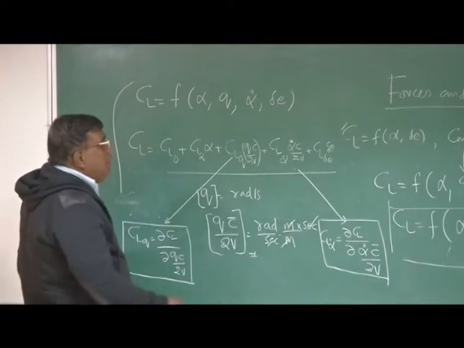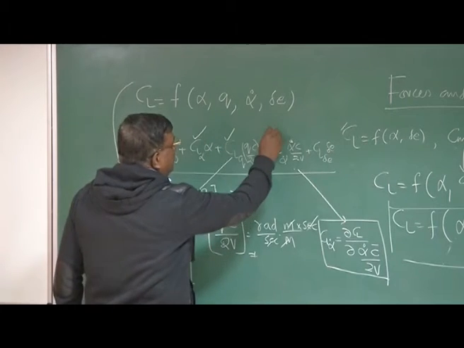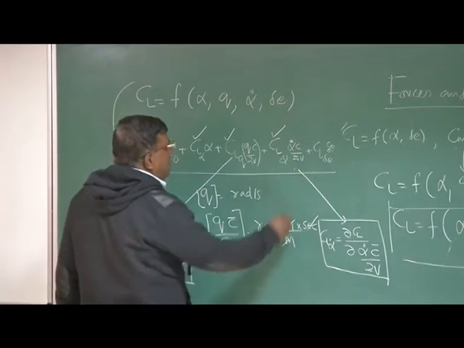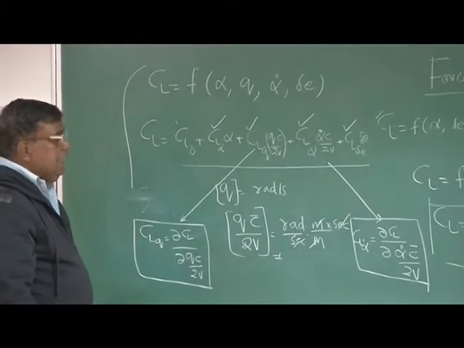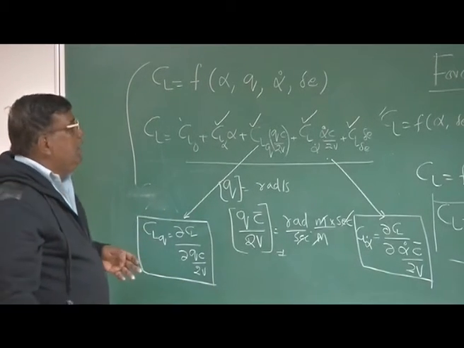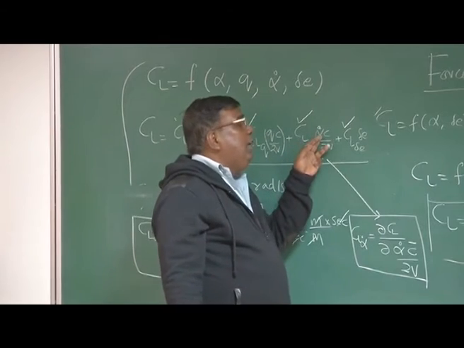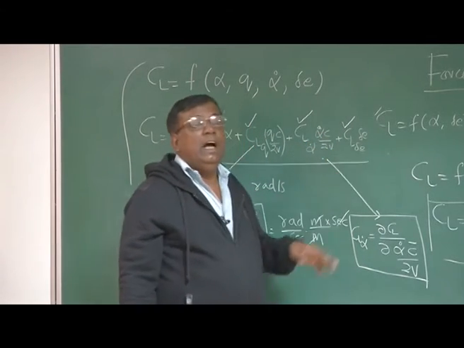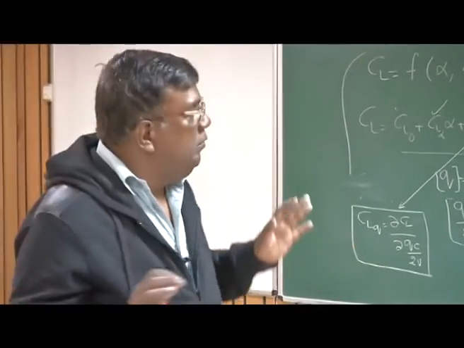Now we need to know each of these derivatives. What is CL alpha? What is CLQ? What is CL alpha dot? And what is CL delta E? If I know these, then when I am writing the equation of motion, and I know the value of alpha, Q, alpha dot and delta E, I will know how much CL it is generating. As simple as that. That is the beauty of this modeling.